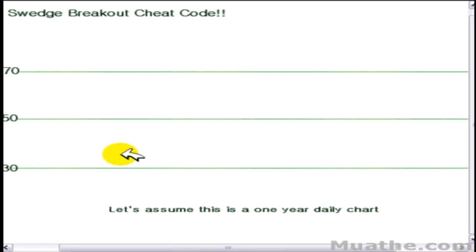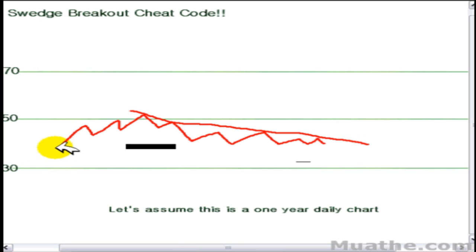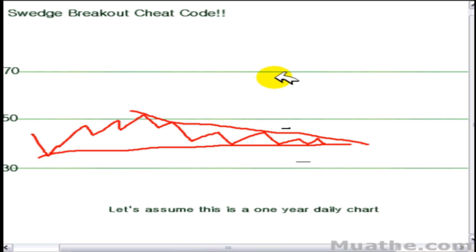Now, the way I can explain this is if I draw, if we say this is our RSI, something like that. If I can get that right, and so we have this swedge forming here. I don't know that would make sense. Yeah, let me do something like that. So let's say we have our wedge right there.